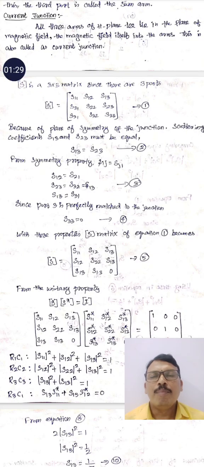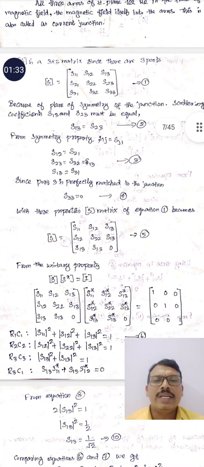This is the basic formation of the S matrix. First we can use the symmetric junction property. A symmetric junction means port 1 3 equals port 2 3, both will be the same. That is nothing but S13 equal to S23.